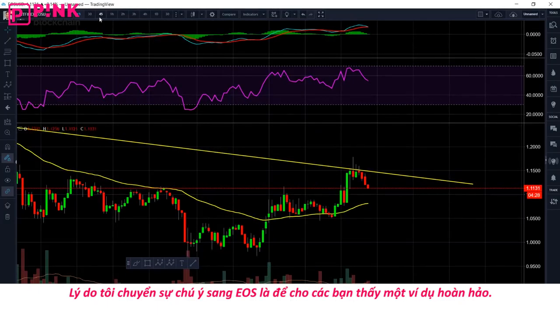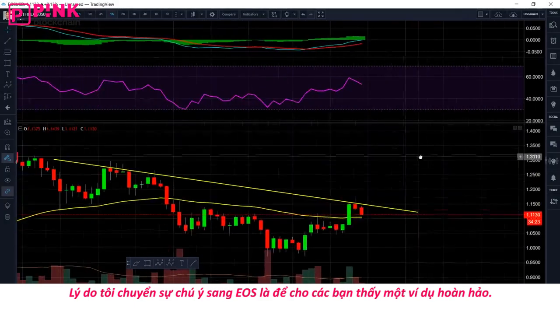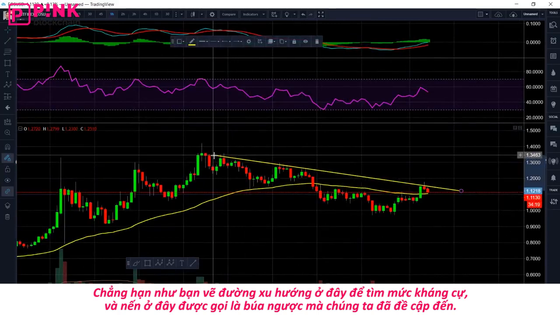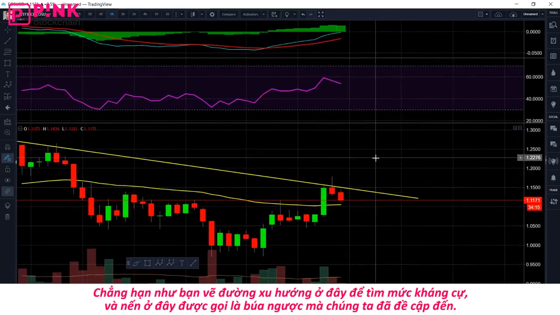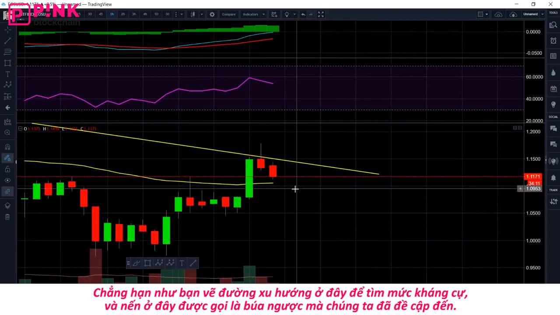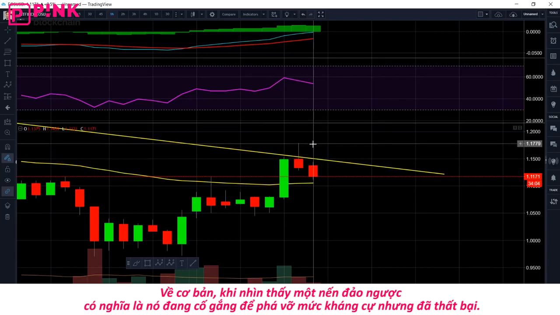So the reason why I diverted my attention to EOS is to give you guys the perfect example of, first of all, let's say you drew your trend line right here, okay, to get your resistance. And this candle right here is called an inverted hammer that we've been talking about already, to give you a live video, okay? An inverted hammer basically means that it tries to break above the resistance, but it was rejected, right?